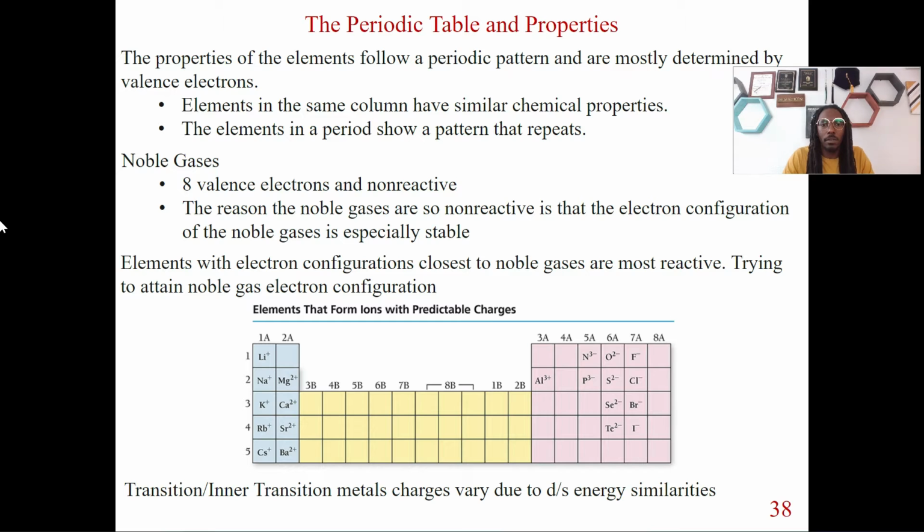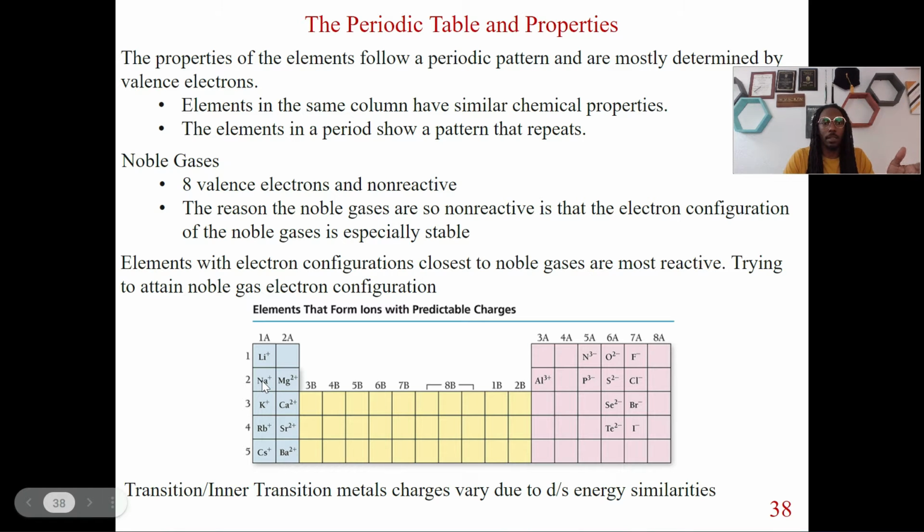So if we think about everything we learned with valence electrons, we understand now that alkali metals have that plus one charge, plus one oxidation state. That essentially means we need to lose an electron to become like our good old friends, noble gases, because if we lose that electron, now we're stable.